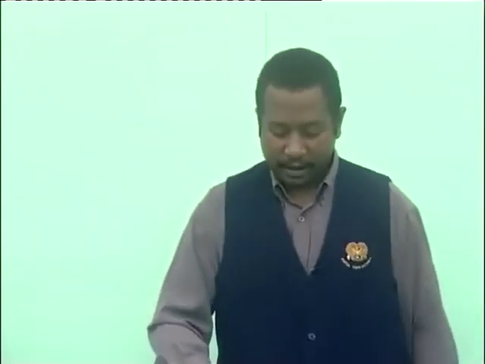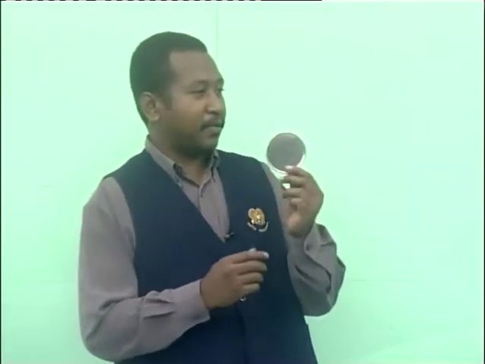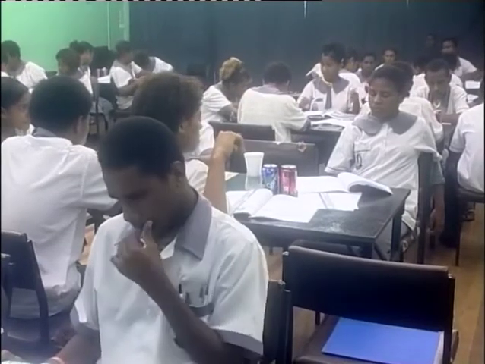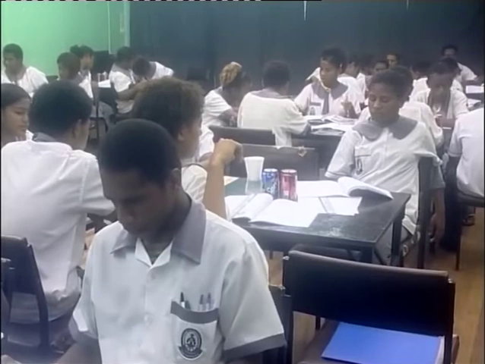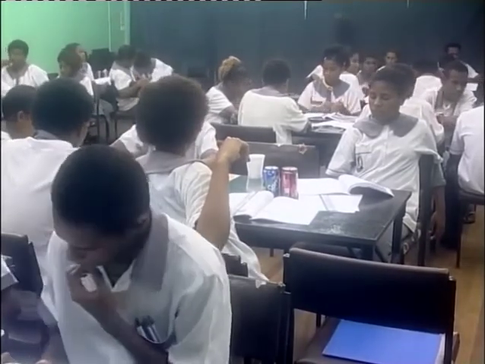Now, class, what about a circular object? How can we measure the diameter of a circular object? A circular object, like this tin lid here, or a coin.